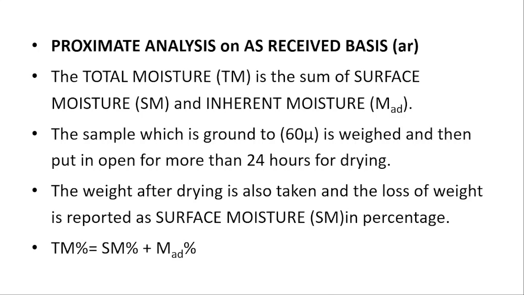Inherent moisture is moisture air dry. The sample, which is ground to 60 microns, is weighed and then put in open for more than 24 hours for drying. The weight after drying is taken and the loss of weight is reported as surface moisture in percentage. Then the total moisture is equal to surface moisture plus moisture air dry.